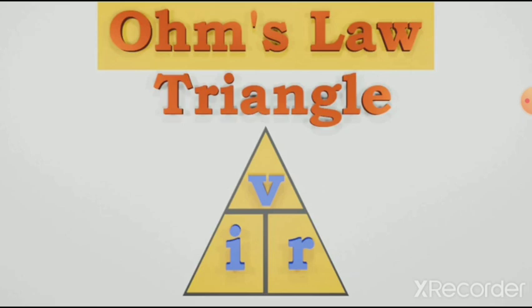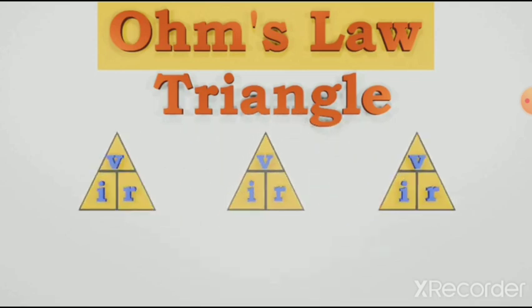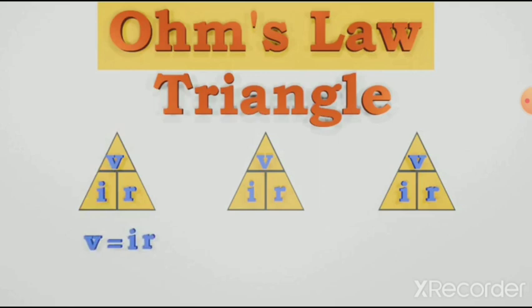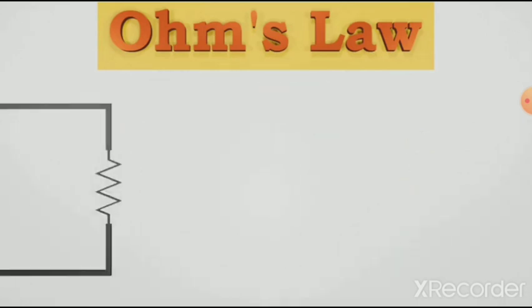This arrangement represents the actual position of each quantity within the Ohm's law formula. Transposing the standard Ohm's law equation above will give us the following combination of the same equation. V equal to I times R, I equal to V divided by R, and R equal to V divided by I. Let's go for an example.